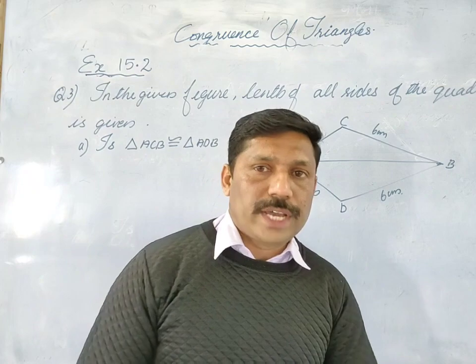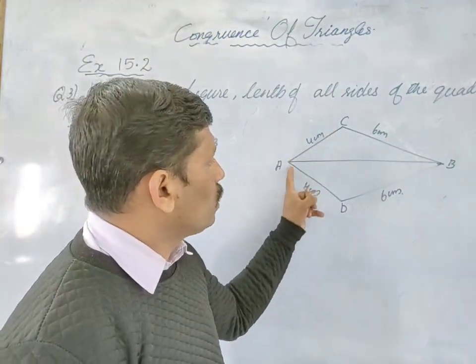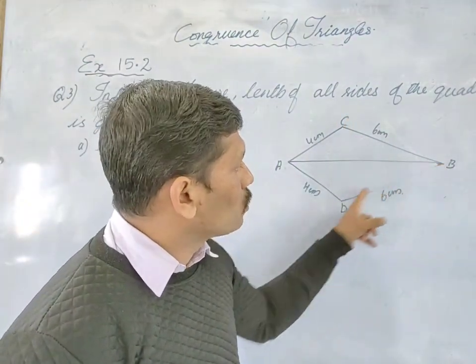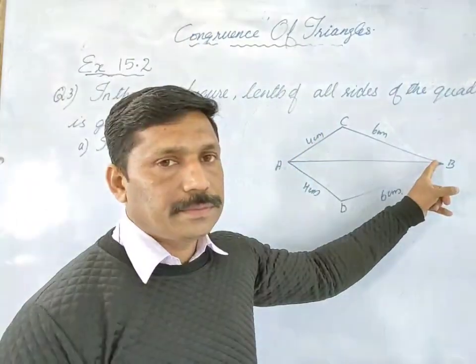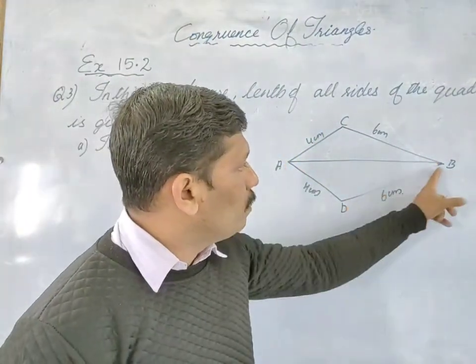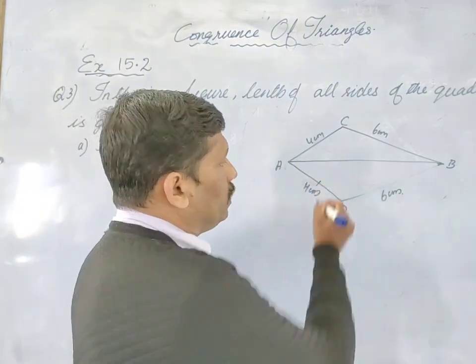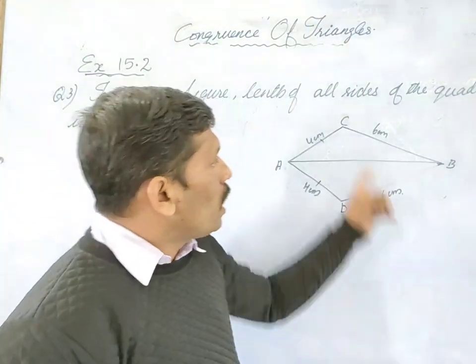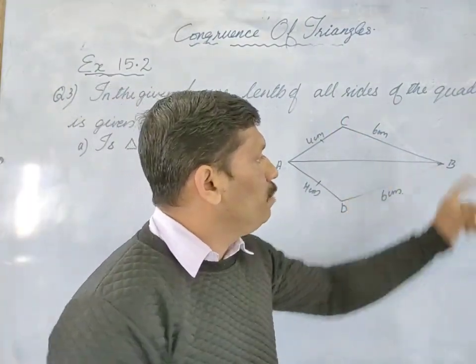We can say it is yes because here we can see this is 4 centimeter and this is also 4 centimeter, and this is 6 centimeter, this is also 6 centimeter. That means in triangle ACB and triangle ADB, side AC is equal to side AD. These two sides are equal. And side BC is equal to side DB.